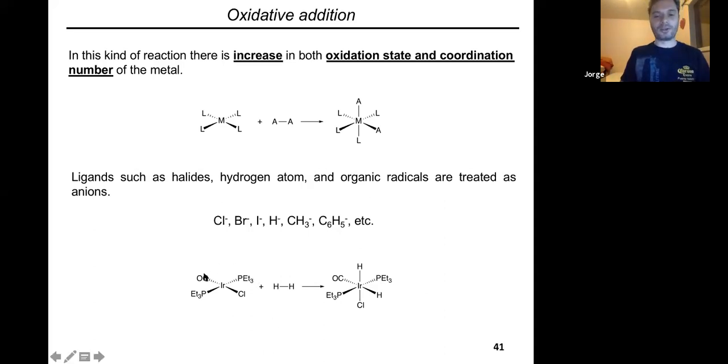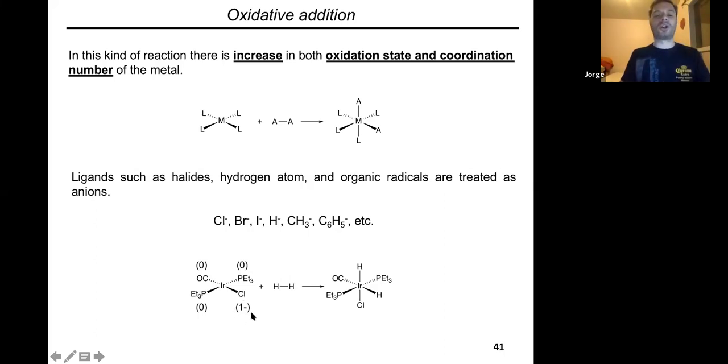Okay, so we have carbonyl, we have a phosphine here, same phosphine trans, and we have a chloro ligand. Carbonyl and phosphine are neutral, oxidation state equal to 0, and chloro, when it's coordinated, is 1 minus.